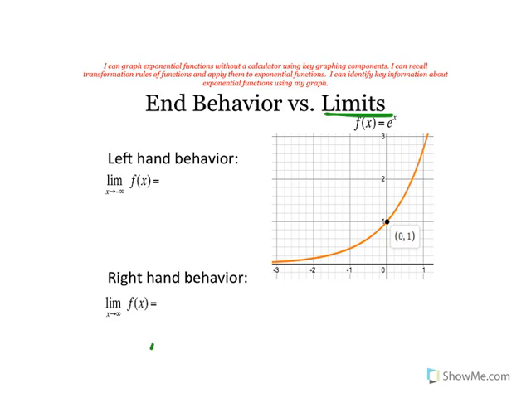Okay? When our x values are approaching negative infinity. So if I start at the origin and I start drawing like a little dotted line of my x values that are approaching negative infinity, what is my graph's y values or its f of x values approaching?